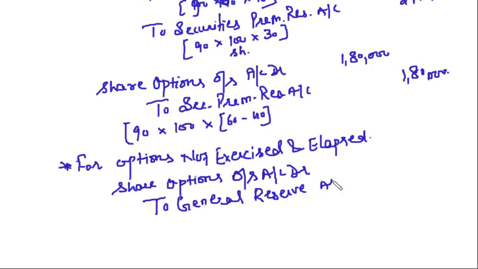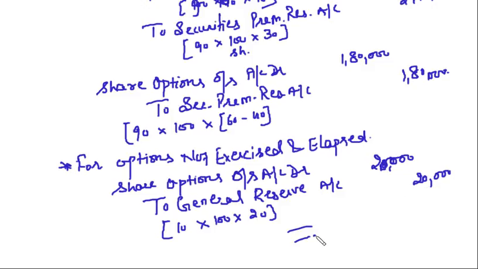This will become our reserve now, for 10 employees who have not exercised the option, on 100 shares multiplied by 20 rupees. This comes to 20,000. Clear? So this is how you are going to close the share options outstanding account.